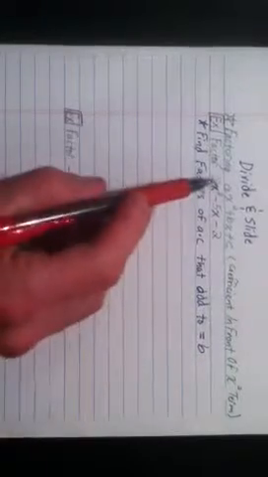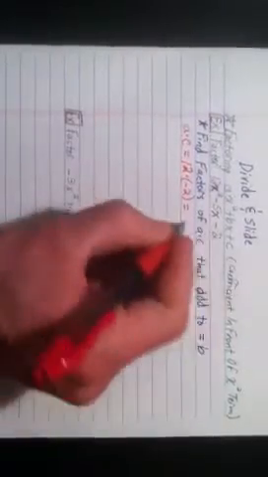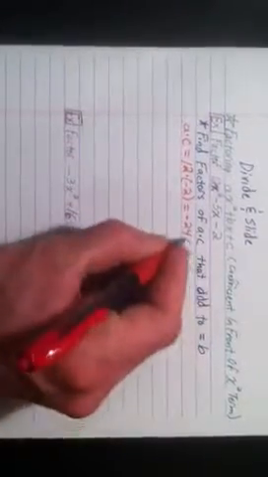So in our problem, we have our a value, b value, c value. a times c, in this case, is 12 times negative 2, which gives us negative 24.